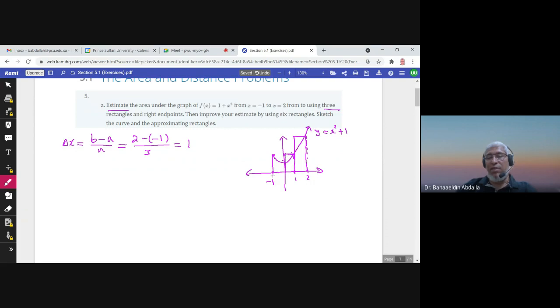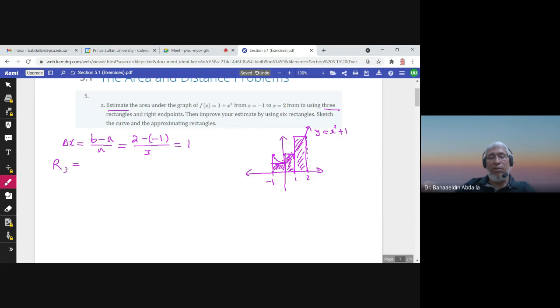And here from negative 1 to 0, this is the right endpoint. So this is the first rectangle, this is the second rectangle, and this is the third rectangle. We have 3 rectangles.